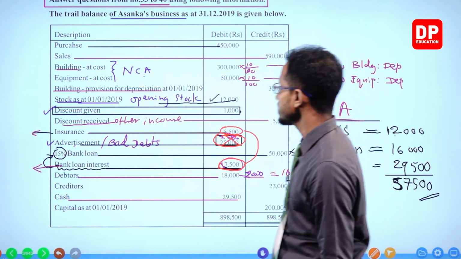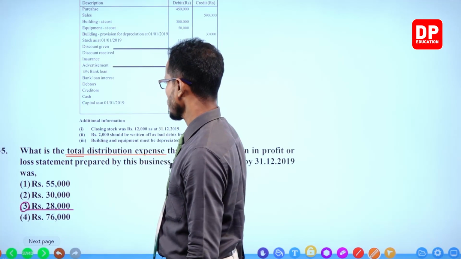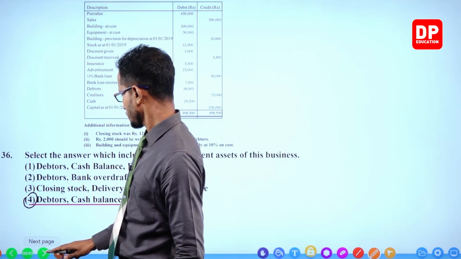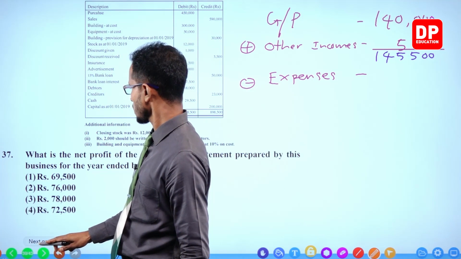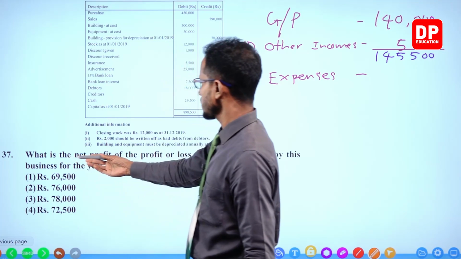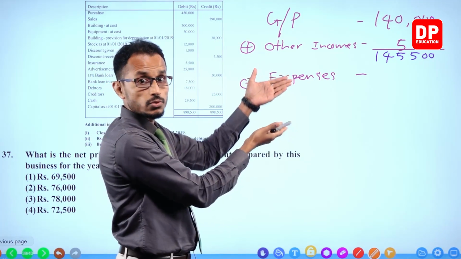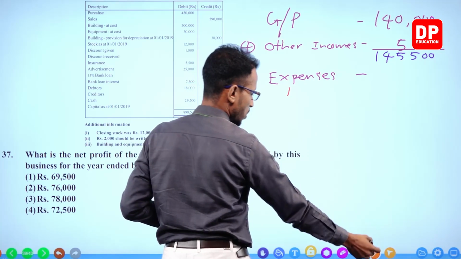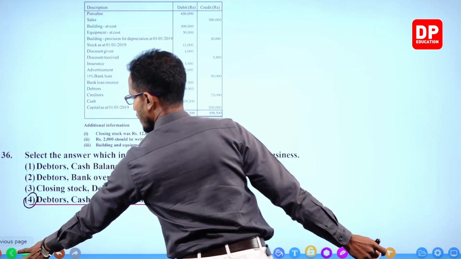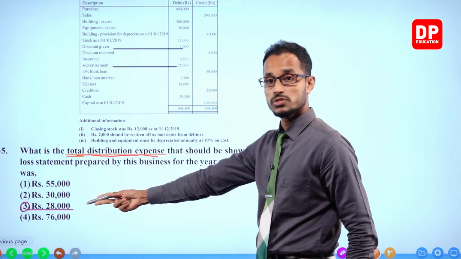And let's add the distribution expense total. It was somewhere here. Yeah, distribution expenses 28,000. What is the net profit? Now we need the total expenses. It was how much? 28,000 as the distribution expenses total.